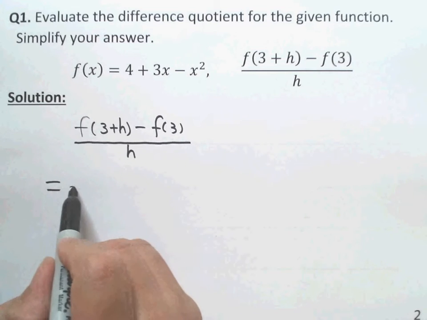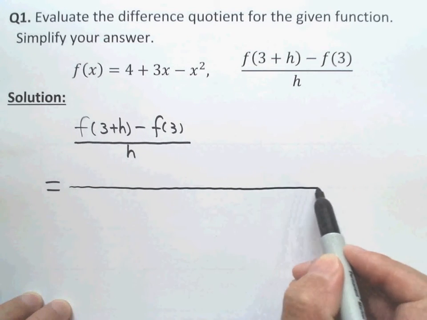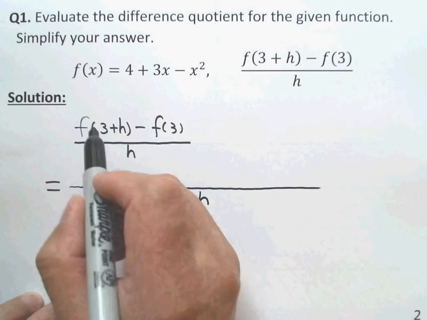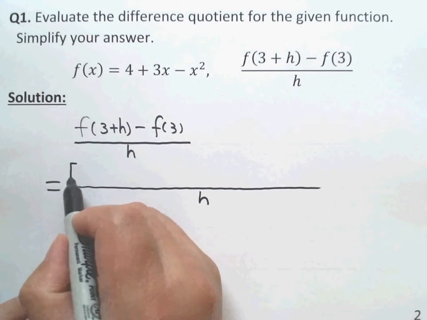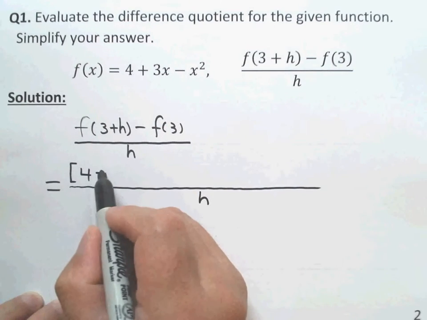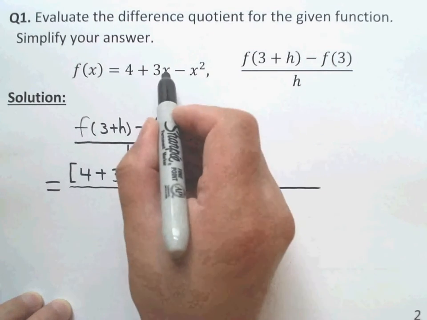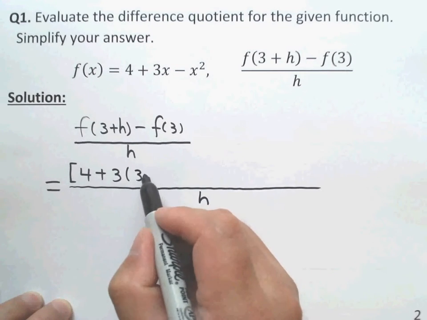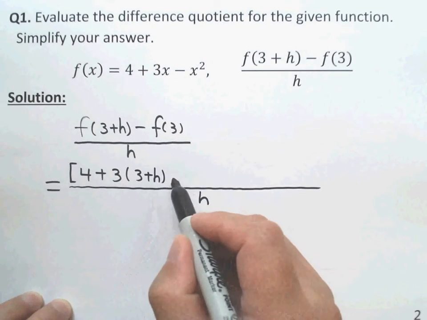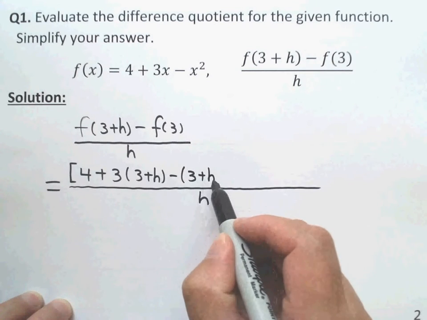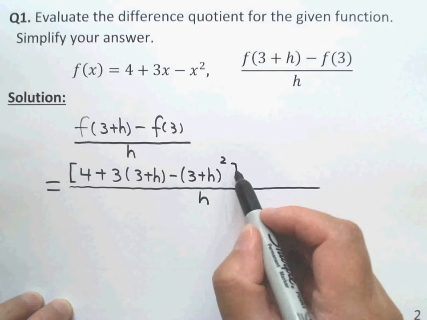It's a little bit long. The denominator is easy, just h. For the numerator, let me copy here. Copy the function, 4 plus 3x minus x squared. This x goes to 3 plus h, so 4 plus 3 times (3 plus h) minus (3 plus h) squared in parentheses.